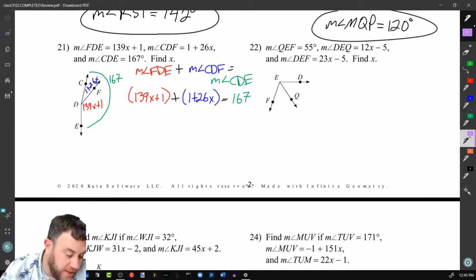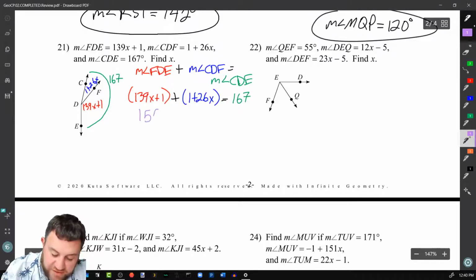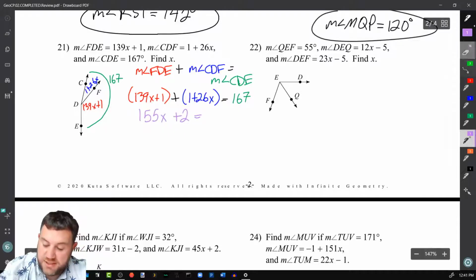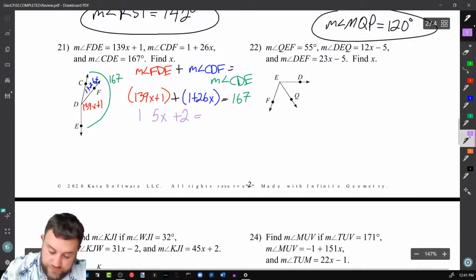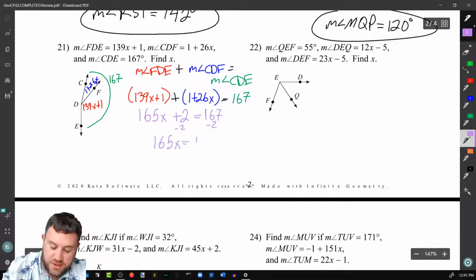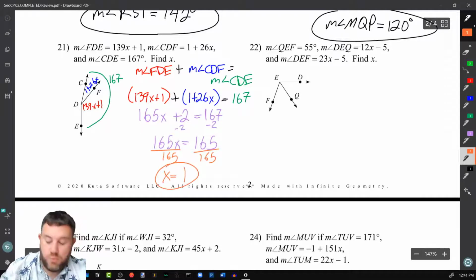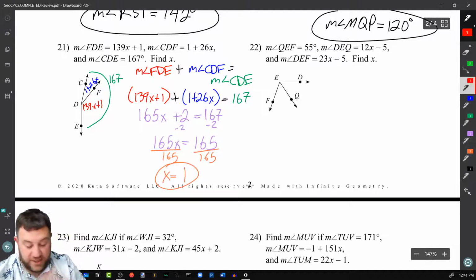Here we have, excuse me, 165x equals 167. We'll subtract 2 from both sides, so we have 165x equals 165. Divide both sides by 165, so x equals 1. And that's all we had to do. We didn't have to plug it back in.